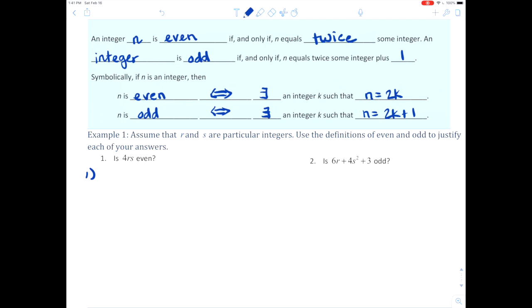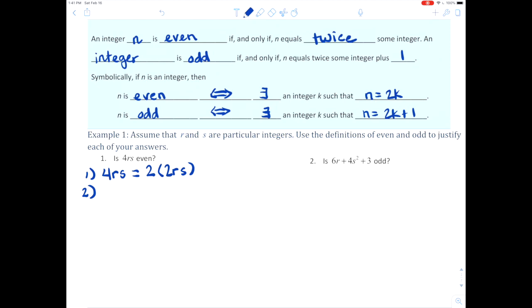So couldn't we rewrite 4 times r times s as something else? Good, beautiful. You can write this as 2 times 2 times r times s, right? That's just a basic rule of multiplication, right? So the second thing to think about is what?